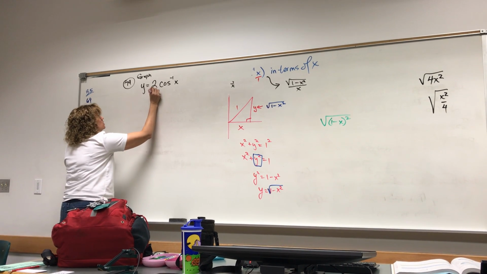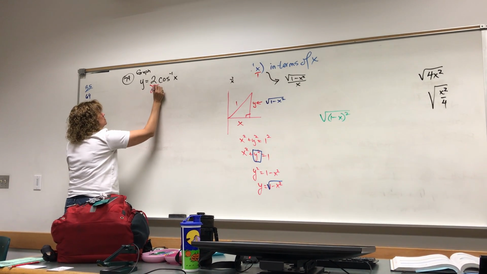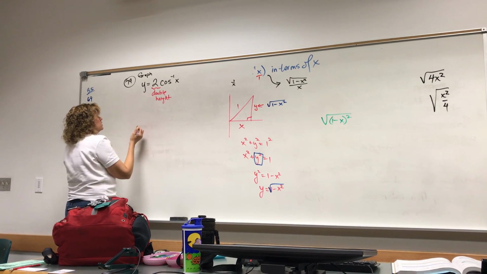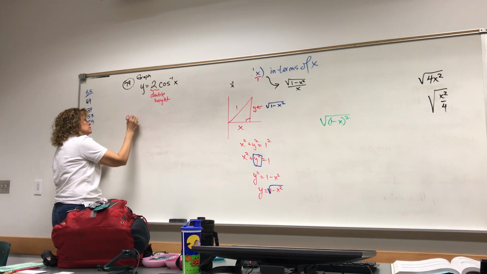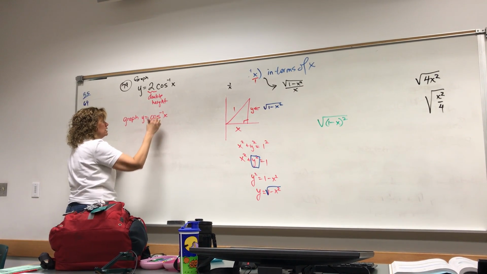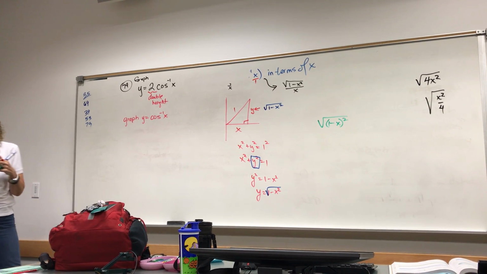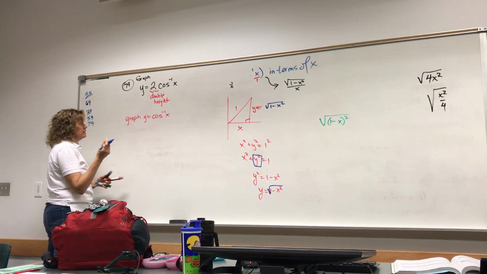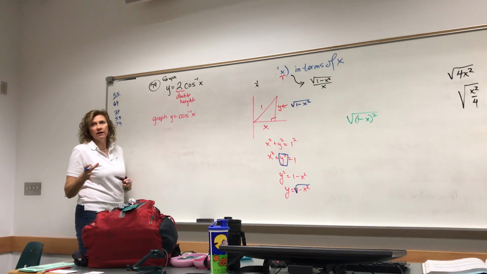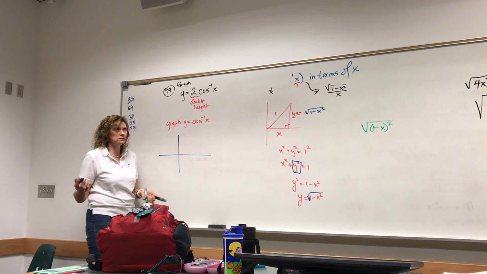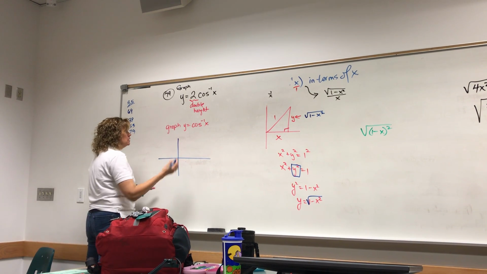Okay? So we're going to graph y equals the inverse cosine of x, and then we're going to double the height. I don't necessarily have that memorized, so I'm going to break it up into pieces.